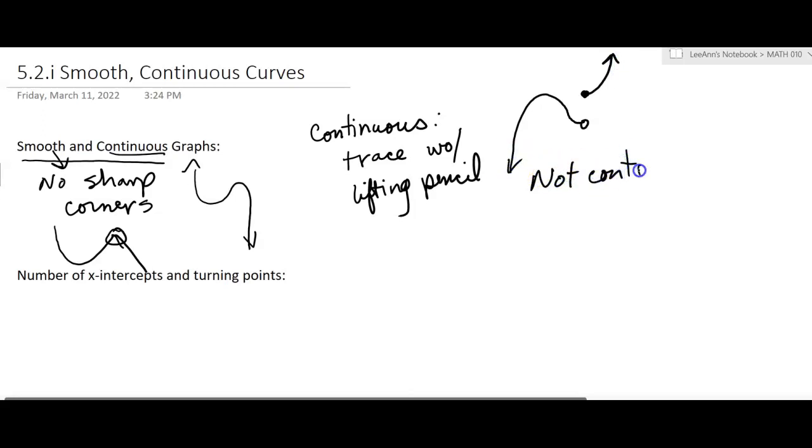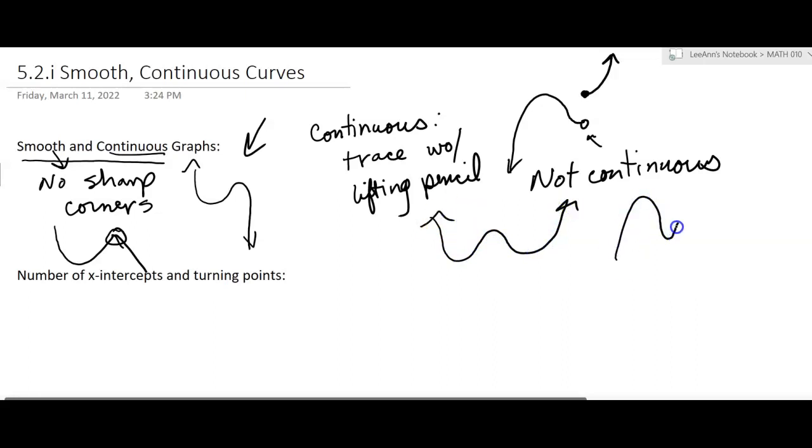Because I would have to pick up my pencil at the open dot and then move it up there. Like I can't trace it all without lifting my pencil. So smooth continuous curves are like this, or like this, or like that. Those are all smooth continuous curves, okay?